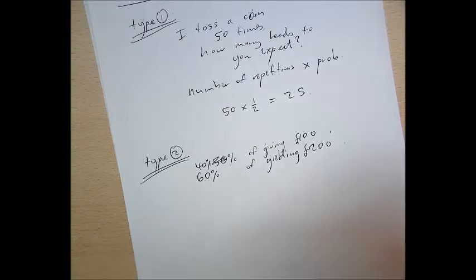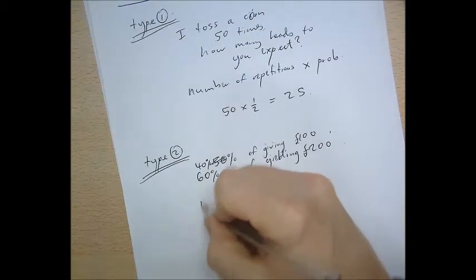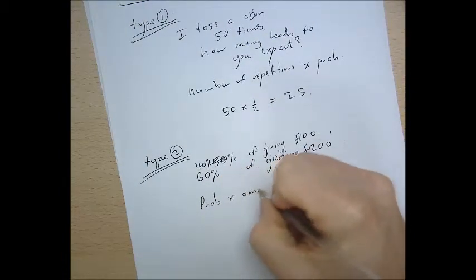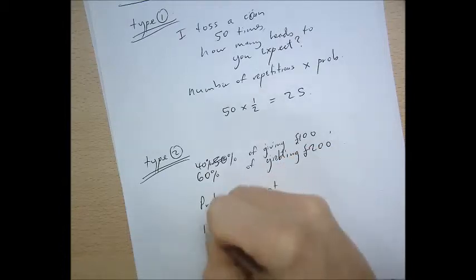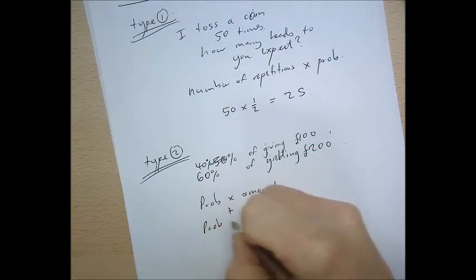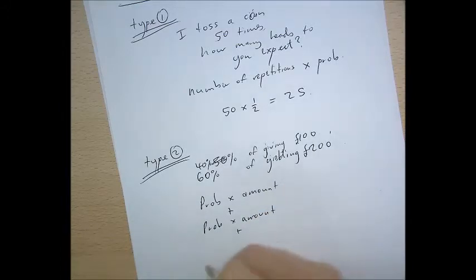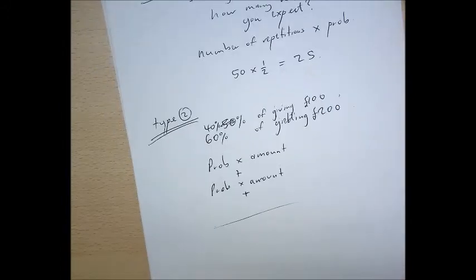Well, the way you work out what we'd expect on average is to do the probability times the amount, and just keep doing that and add them up until you've covered all the possibilities, and that's your expected value.